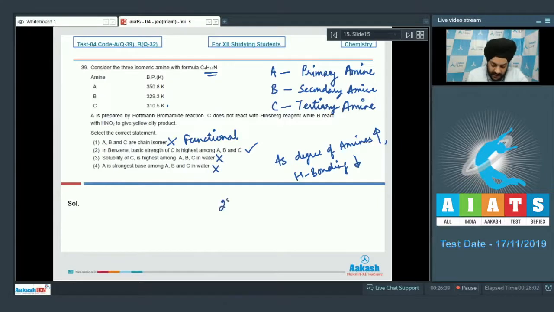Generally, it is the secondary amine which has the greater basic strength in water. Okay. So students, out of these given statements, only the second statement is correct and we have to mark the correct answer to question number 39 as option 2.